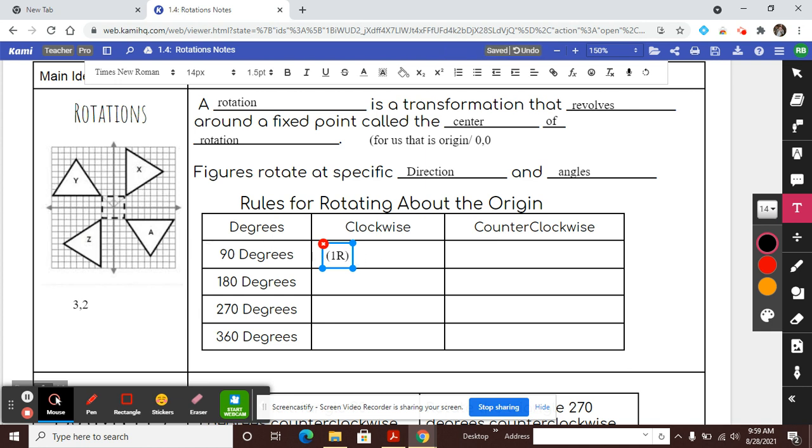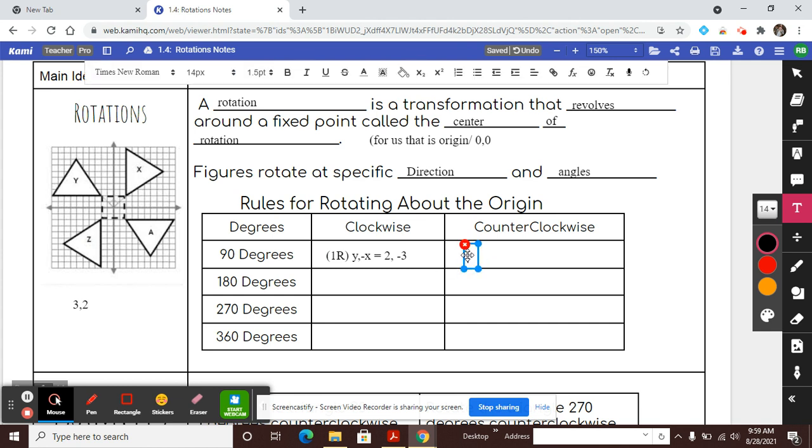Then with clockwise, our rule is that we change the order and change the sign of X. Okay, that's our rule. So in our example, instead of 3, 2, we'd have 2, negative 3.